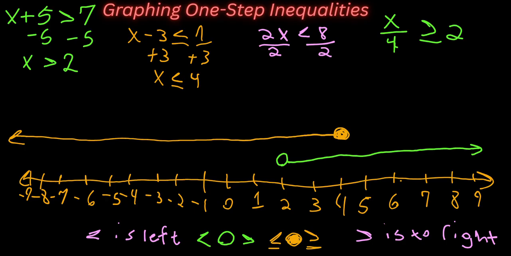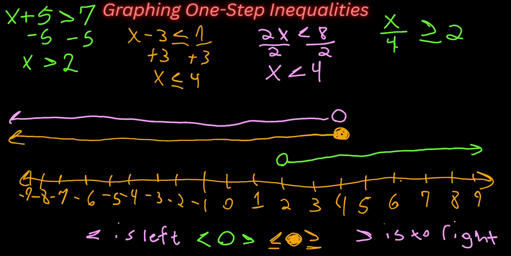We divide both sides by 2. We get x is less than 4. Okay, x is less than 4. All right, so now we're going to have an open circle above 4. We're going to shade everything to the left of 4. And what that represents is every number less than 4 and excluding 4.